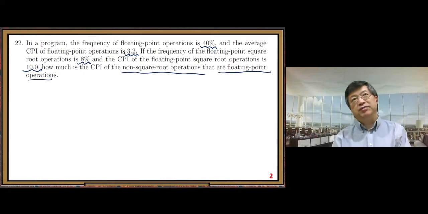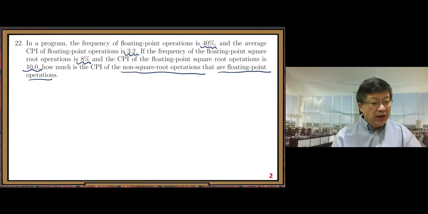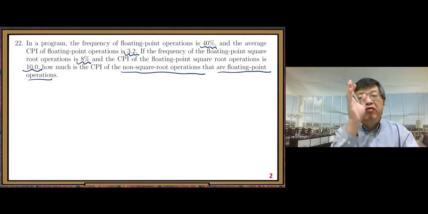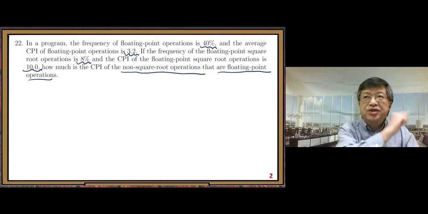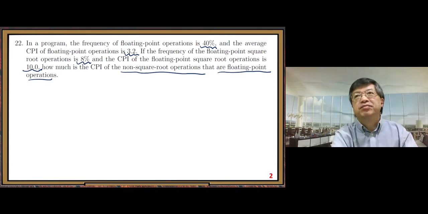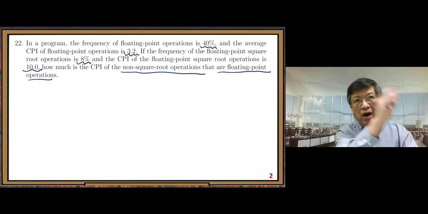So that question. Here you can see we only consider the floating point operations. We do not consider non-floating point operations. Within the floating point operations, there are two parts. So then we look at those two parts.